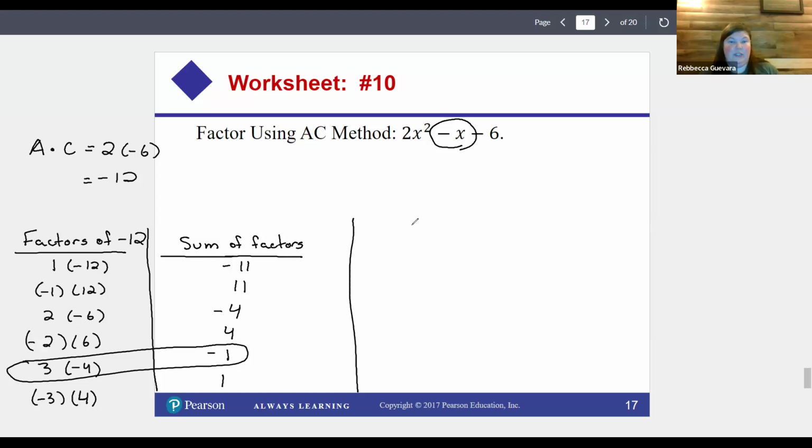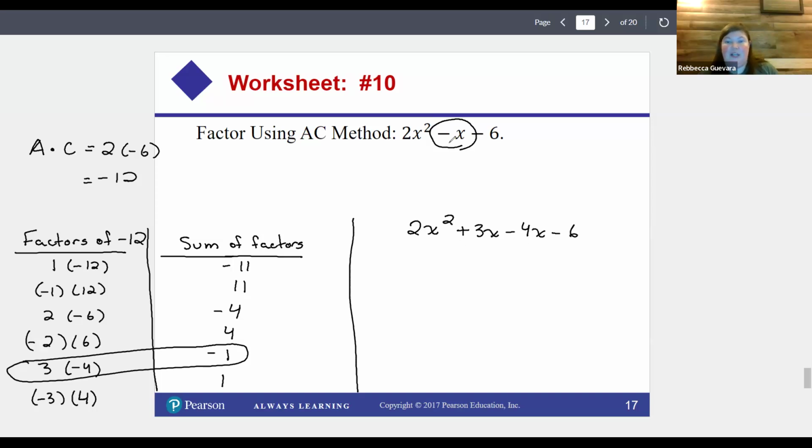So at this point, we are just going to rewrite 2x squared minus x minus 6. And we're going to break up that minus x into a positive 3x and a minus 4x.